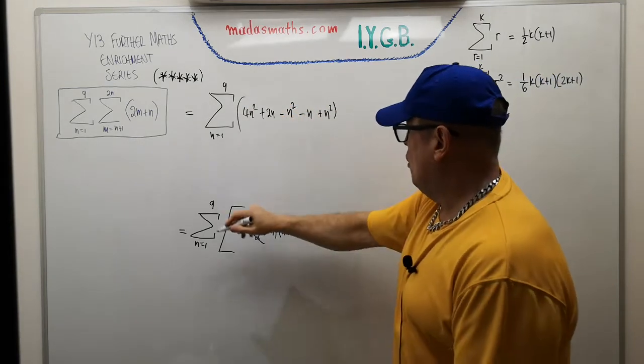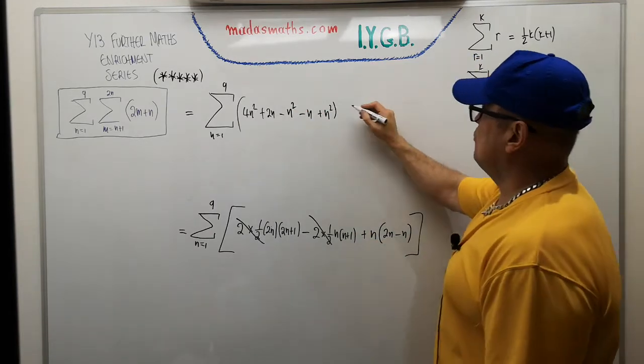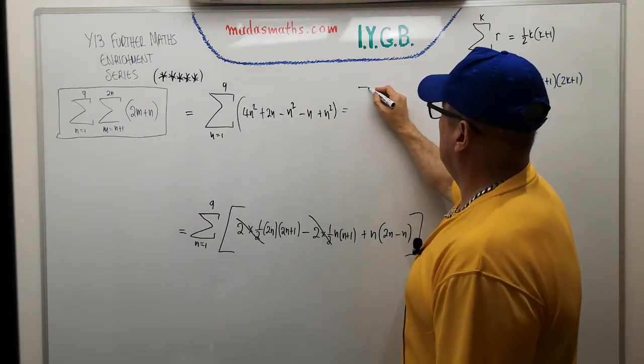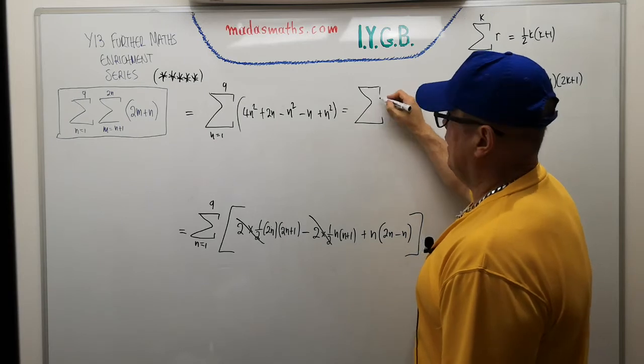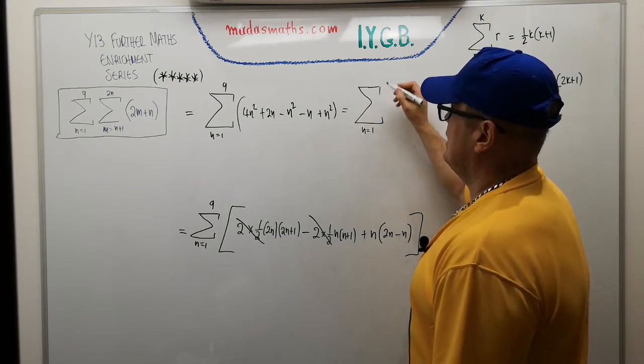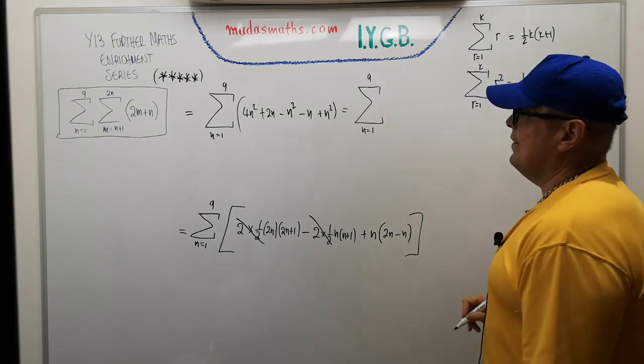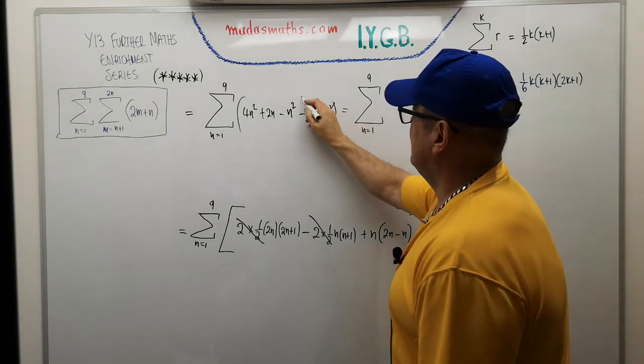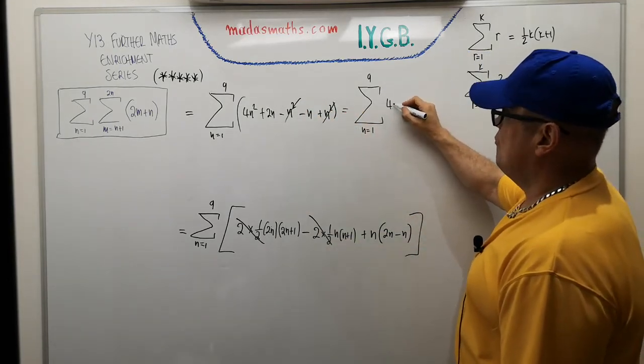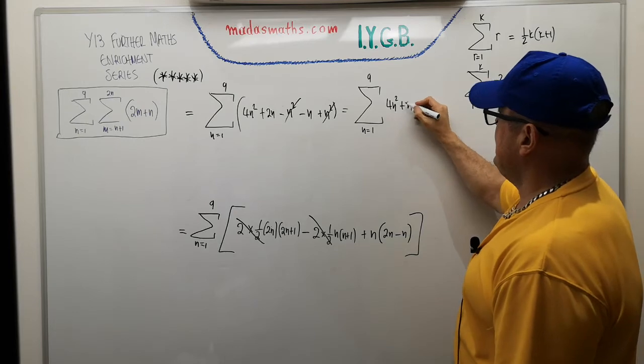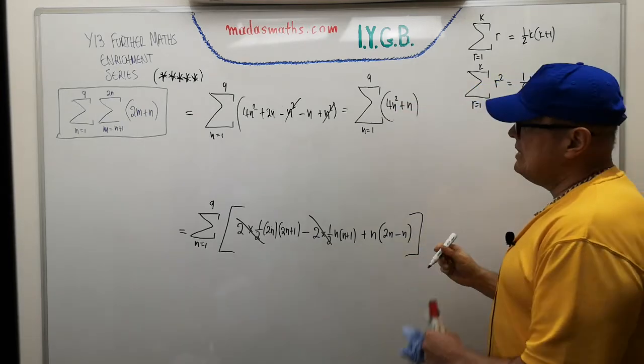So this is now all of this line simplified, which of course will simplify further to something even nicer, and after that it becomes very, very easy. These n squareds can cancel, so that will give me 4n squared plus n to be evaluated.